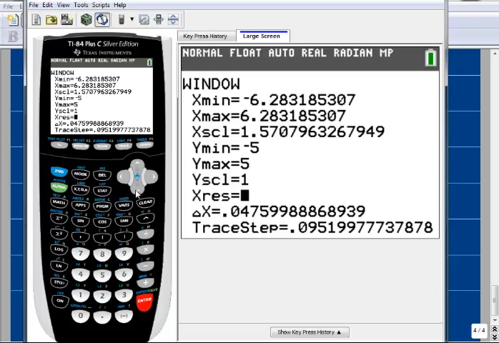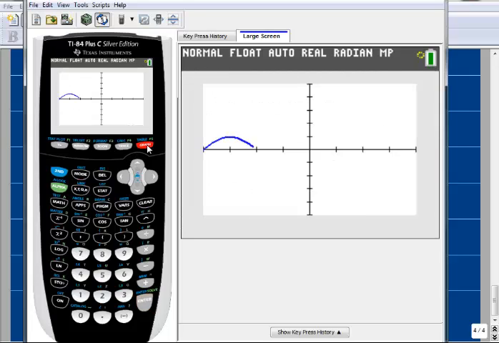The rest of these values don't matter that much. If I press graph, I will see 2 complete cycles of the graph of y equals sine x. Notice my tick marks are at every pi over 2 radians, so this looks a lot like the graphs I've drawn by hand in previous videos.